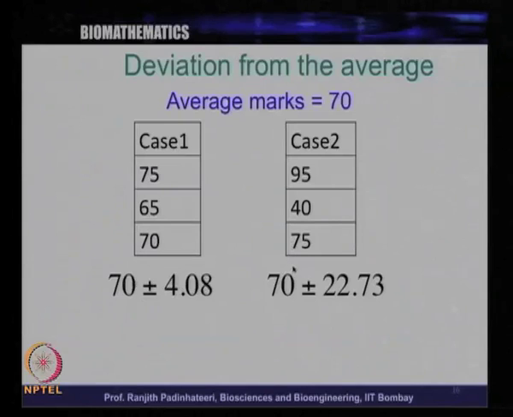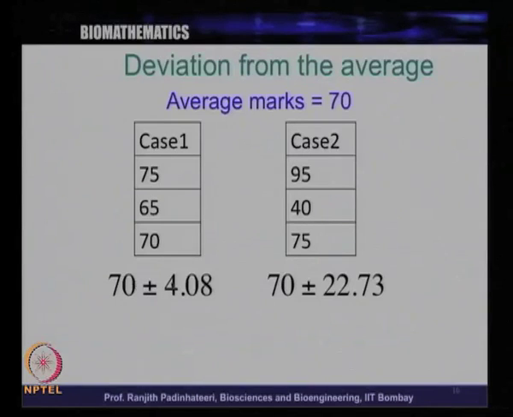In the next case it was 70, then the deviation was 22.73, very close to 23, and the other is very close to 4. So 70 plus or minus 23, and here it is 70 plus or minus 4. If you look here, the extreme values are not very different from 70 plus or minus 4.